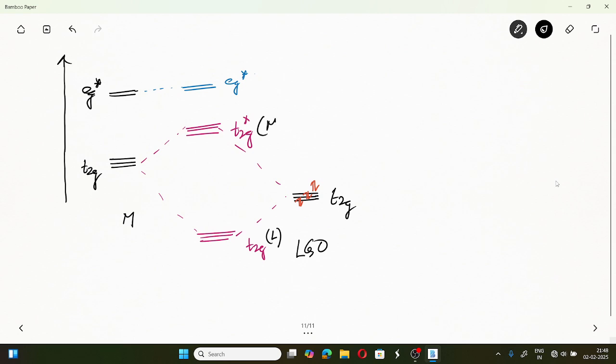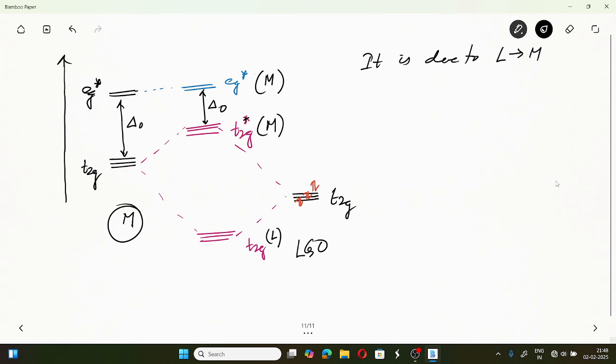This is closer to the metal, this will be of more metal character, and this is also closer to the metal, so it is also of metal character. তো এই যে গ্যাপটা ছিল আমাদের ডেলো, it is due to pi bonding that this ডেলো decreases. দেখো দুটো মেটাল ক্যারেক্টার অরবিটালের মধ্যে ছিল, এখনো T2G স্টার আর EG স্টার বলছি আমরা। and this is ডেলো, তাহলে we can say that it is due to ligand to metal pi donation.